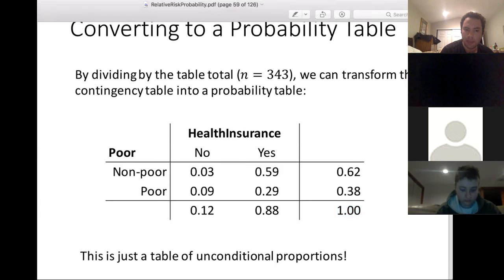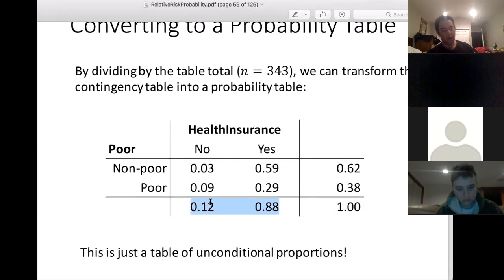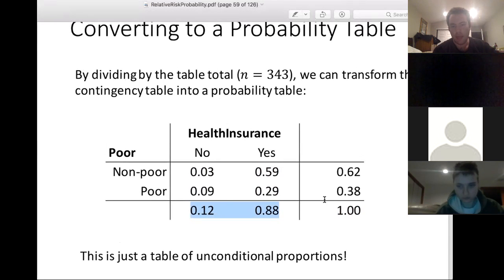So the probability that someone is poor and does not have health insurance is 0.09, as you can see here, out of 1. The probability that someone is not poor and does have health insurance is 0.59. We also went over before that 0.88 was the probability of people who had health insurance, and 0.12 the probability that they did not, and that adds up to 1, which is our total.